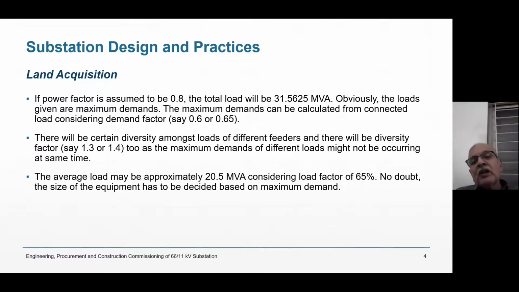Of this total load of 31 MVA that I am telling, hardly 5% is domestic power. So we do feed domestic power, but instead of feeding RYB, they feed RYR. They disconnect B and connect that B to R.